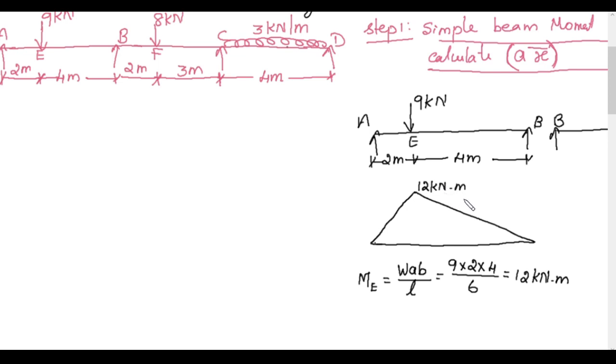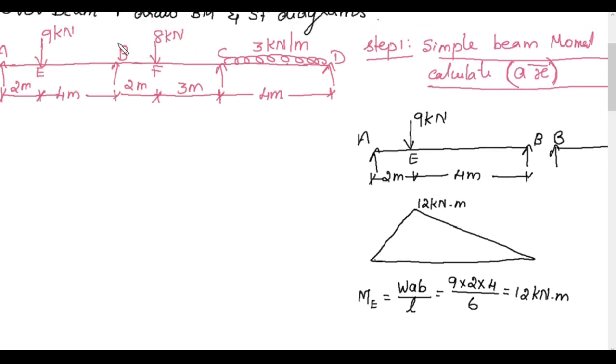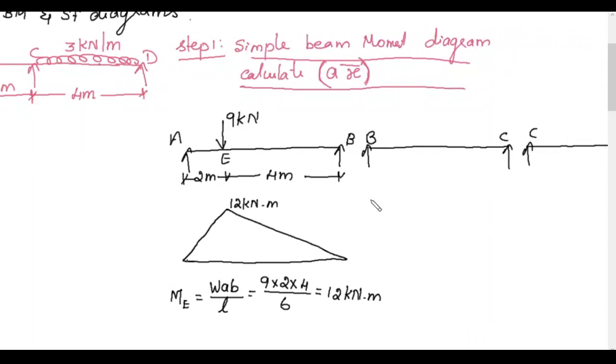Now we will consider the span BC. We know span BC is 5 meter long and it carries a concentrated load of 8 kilonewton at F, which is acting at a distance of 2 meter from B. So now we will draw the simple beam moment diagram for BC.